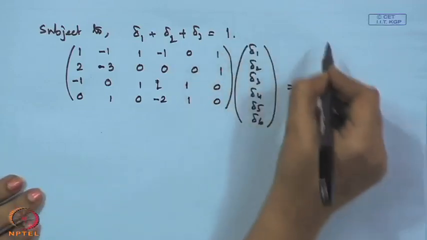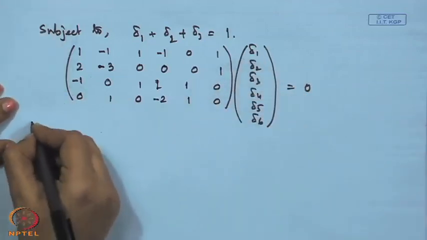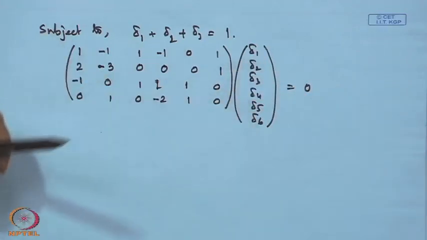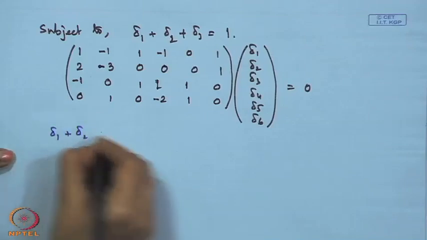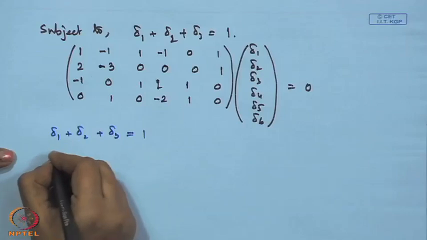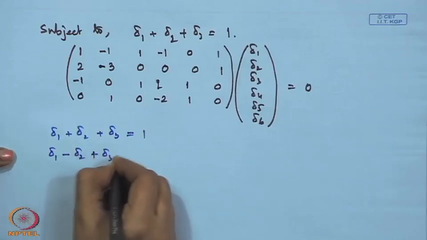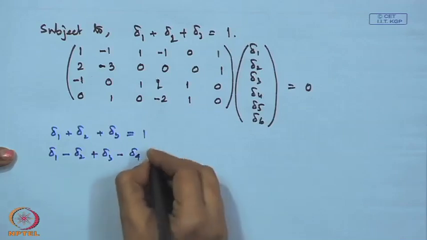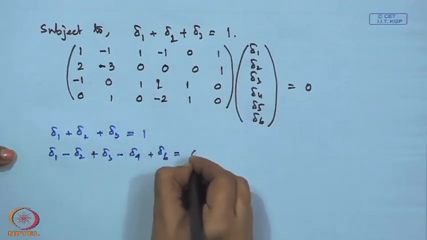This is the normality condition and this is the orthogonality condition. If I write down in detail, then we will get the set as, delta 1 plus delta 2 plus delta 3 equal to 1, and here we are getting delta 1 minus delta 2 plus delta 3 minus delta 4 plus delta 6 equal to 0.